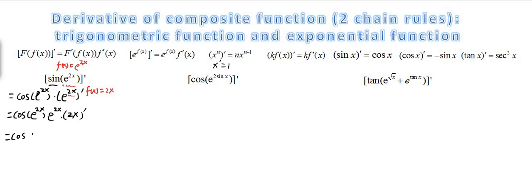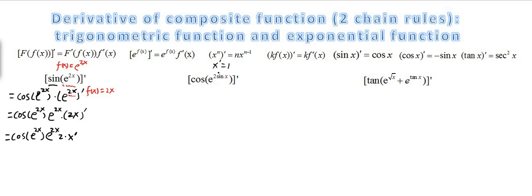Okay, we can continue to copy the first two terms, and here for 2x we can apply the constant multiple rule. So we can pull this constant 2 out of the derivative, and we do the derivative only on the x.